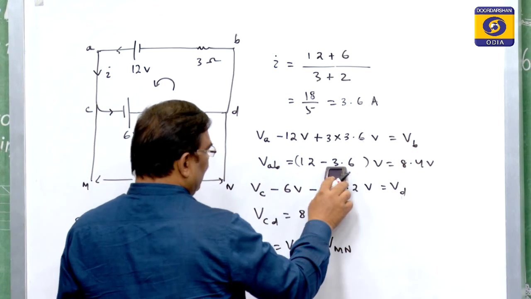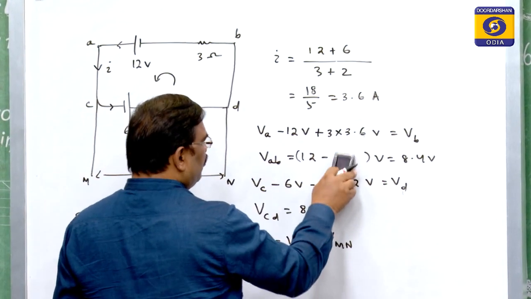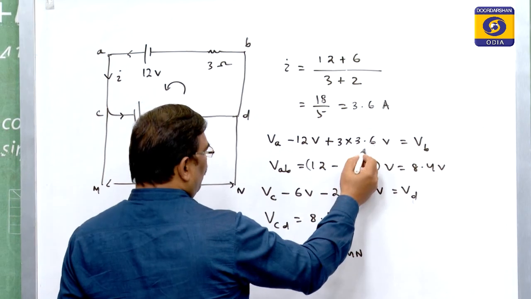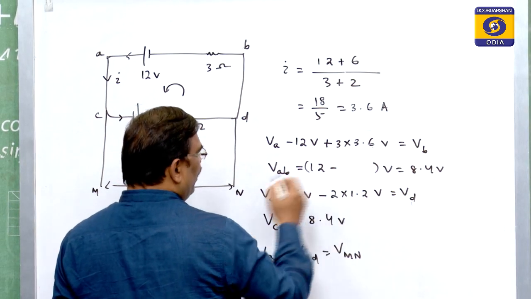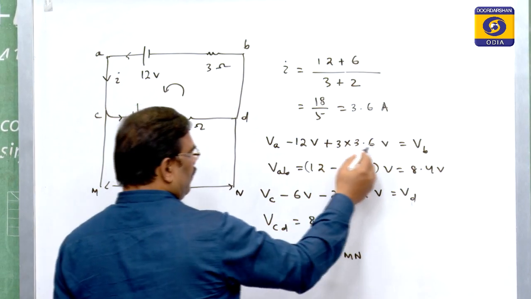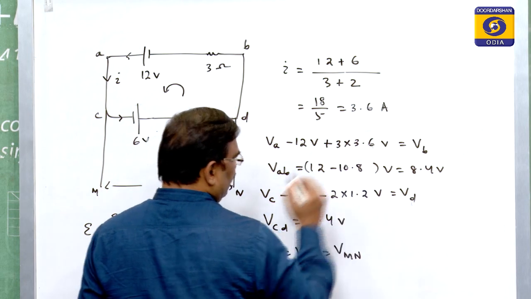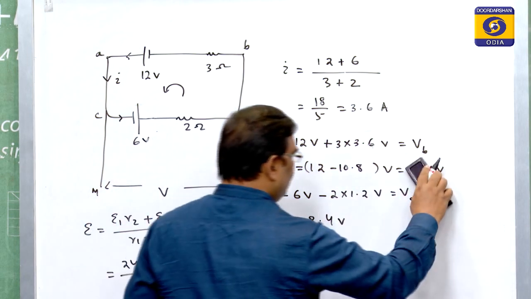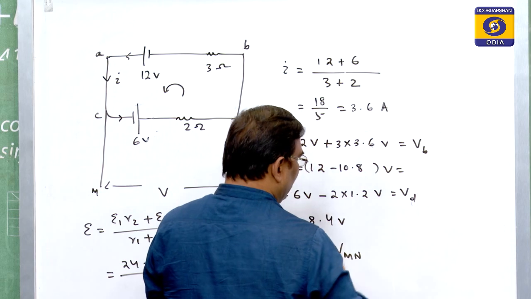So, VAB will be 12 minus 10.8. This is simply 1.2 volt.